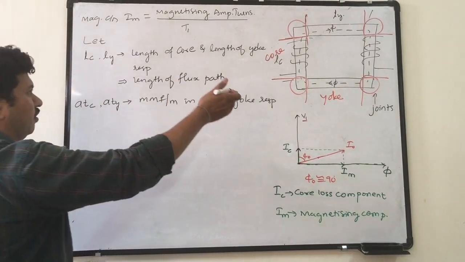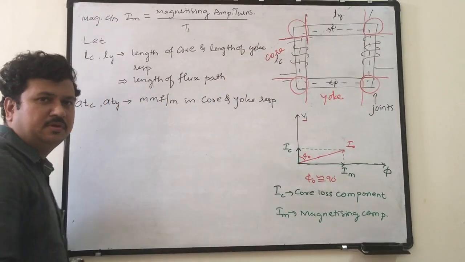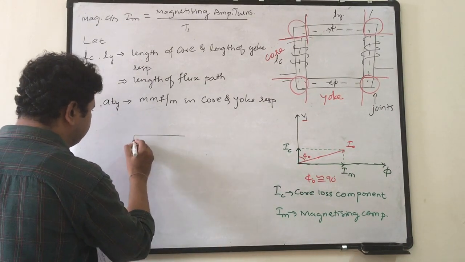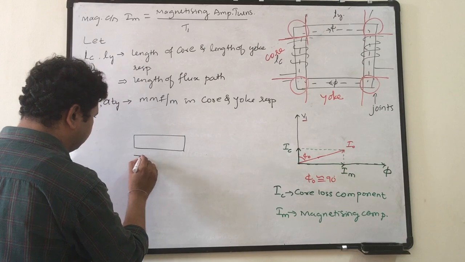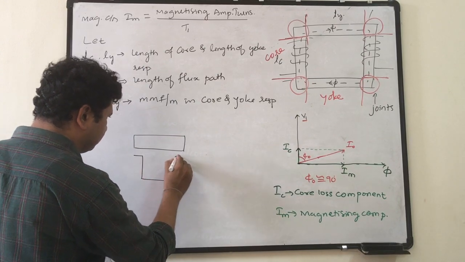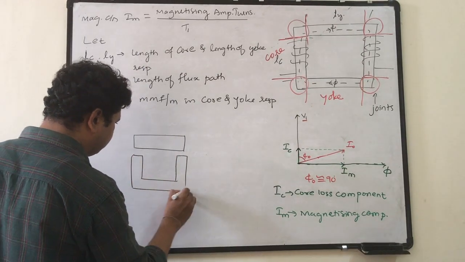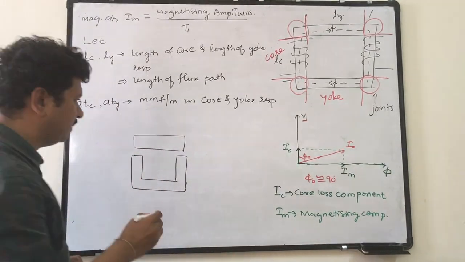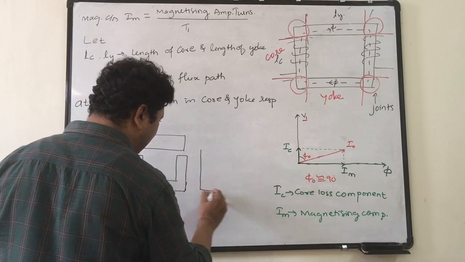If I want to form a core of square shape, the stampings can be of this shape, and by joining these two here, I will get a square shape, or the stampings can be of two L shapes.